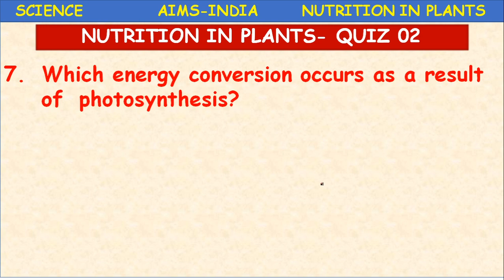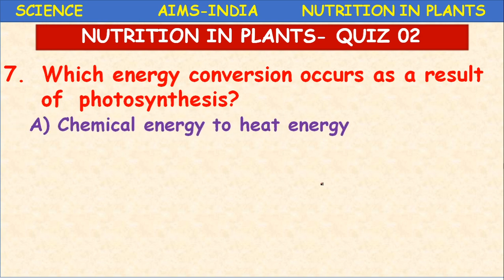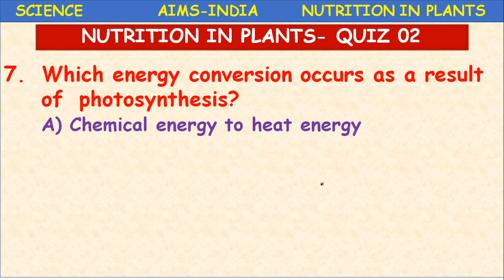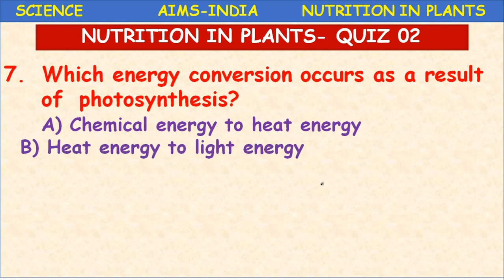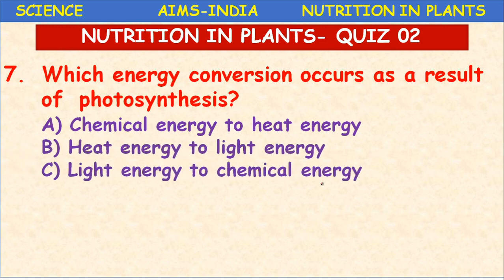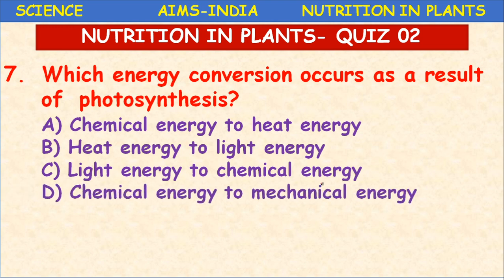Next, which energy conversion occurs as a result of photosynthesis? Chemical energy to heat energy, light energy to chemical energy, or mechanical energy. Okay, here what transformation of energy is taking place?